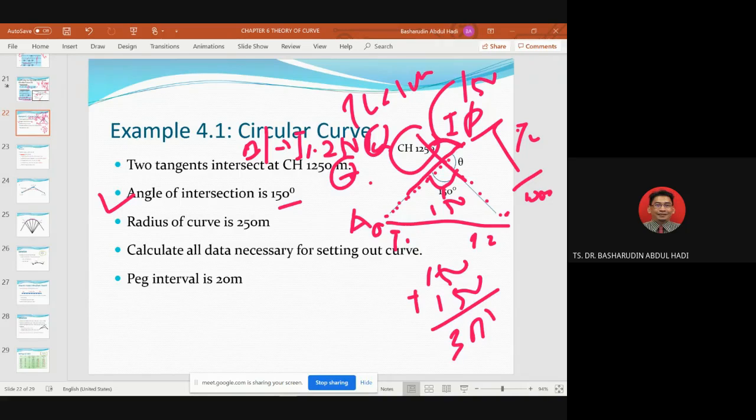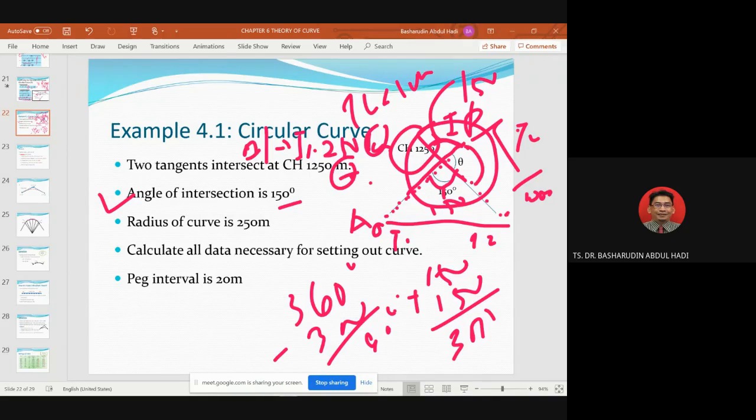One circle complete is 360 degree, so we minus the existing 300 and get 60 degree. 60 degree is the deflection angle, this and this. Do you understand me? All right. Radius of curve is 250 meter.